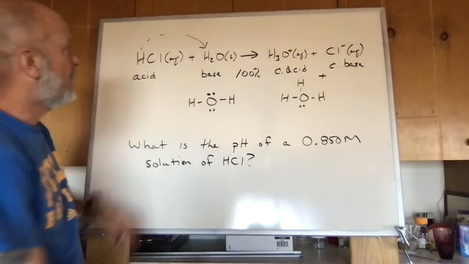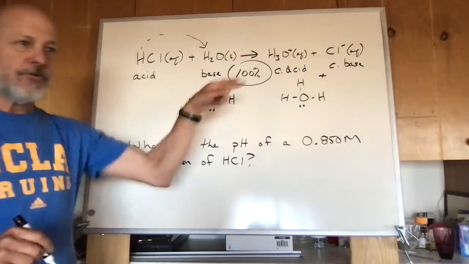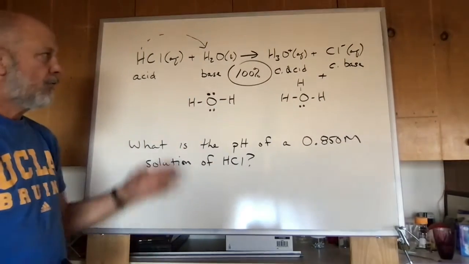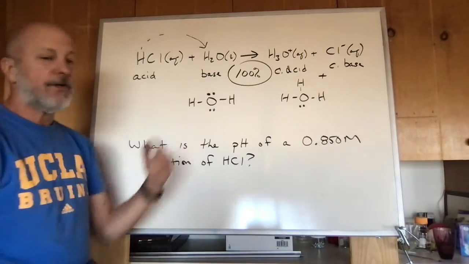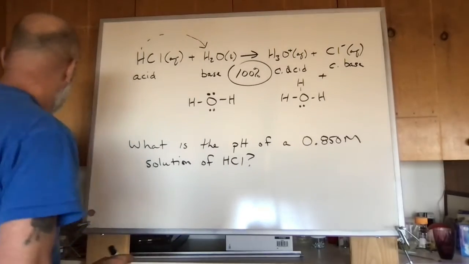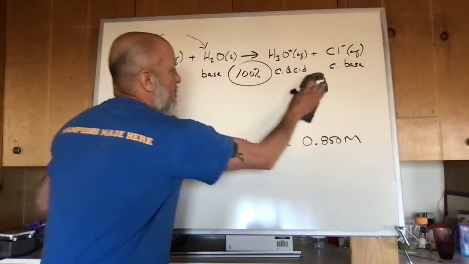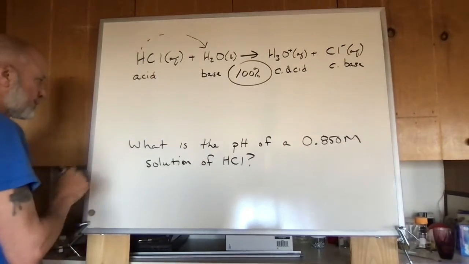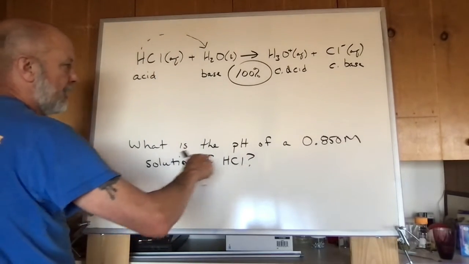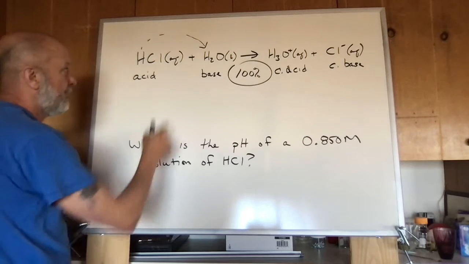Now, because of this, that 100% will be ionized, we can directly find the pH if I know the concentration of the acid. So, let me erase just this. If I've got the concentration of the acid, so what does that say?